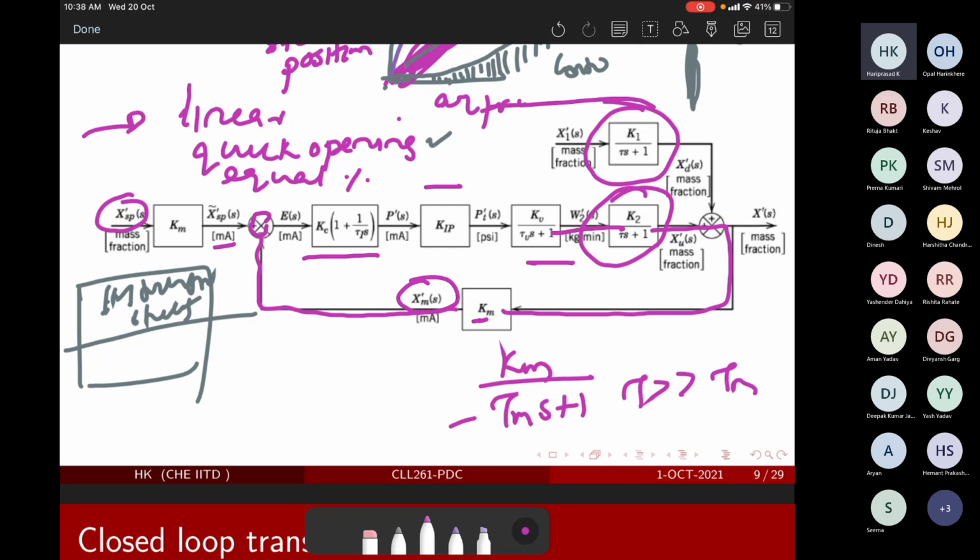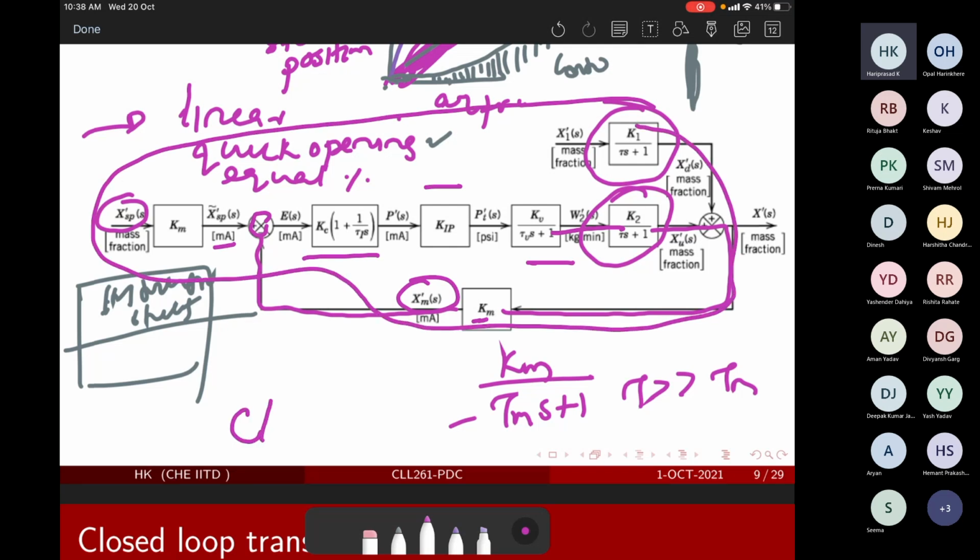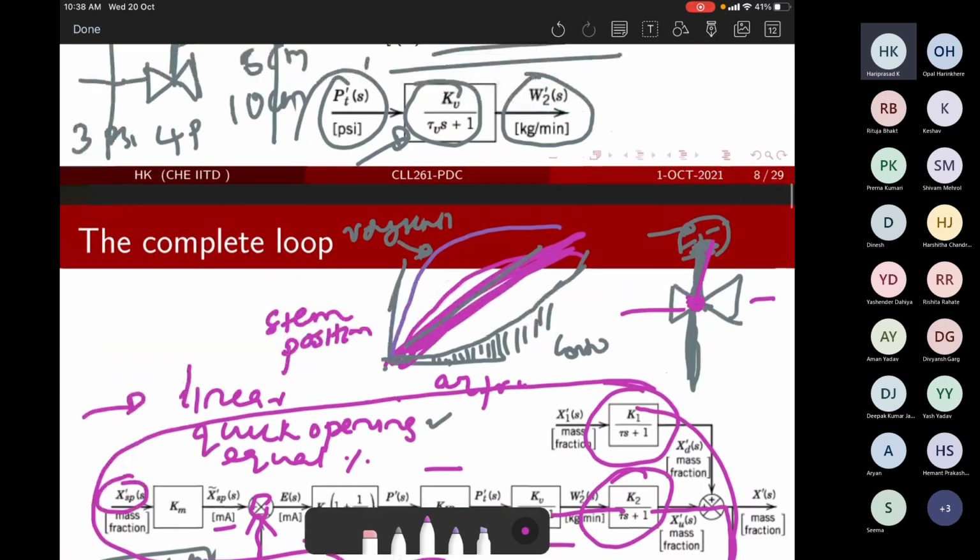This overall assembly of all the transfer functions is known as the closed loop system, because you are taking a feedback line and you have closed the loop. This has to be continuously operated if you want to make your x measured equal to x set point.